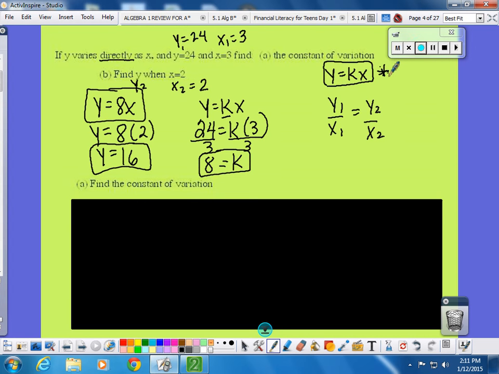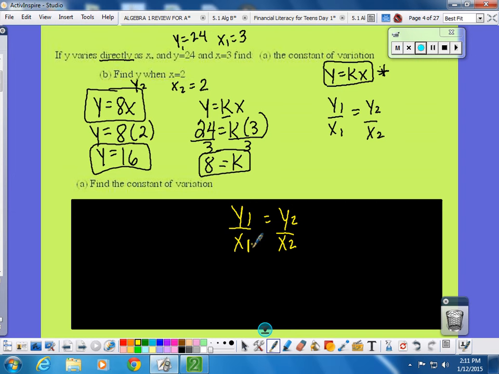Now I want to show you how to use the proportion. Very simple. How do you know which one's the first y and which one's the second y?